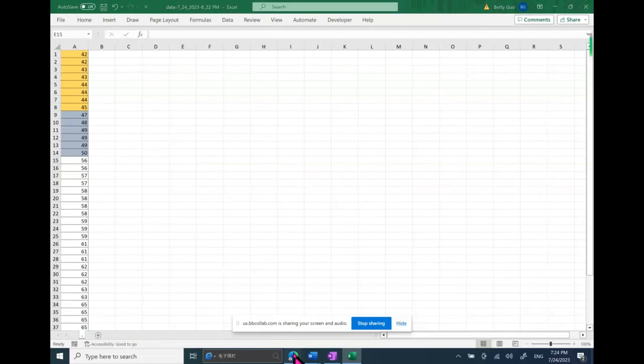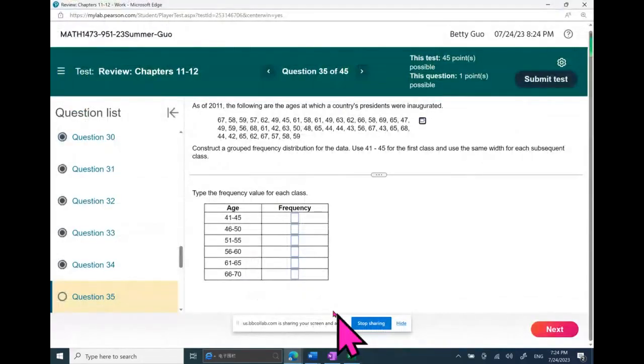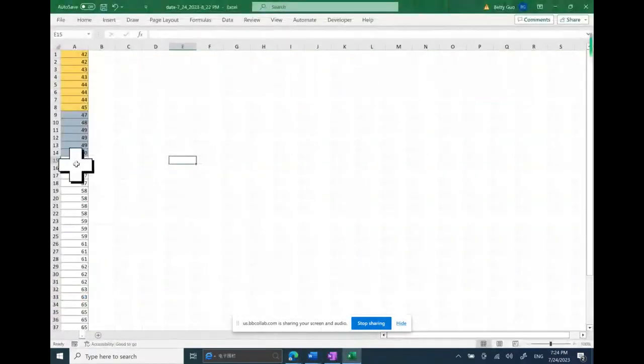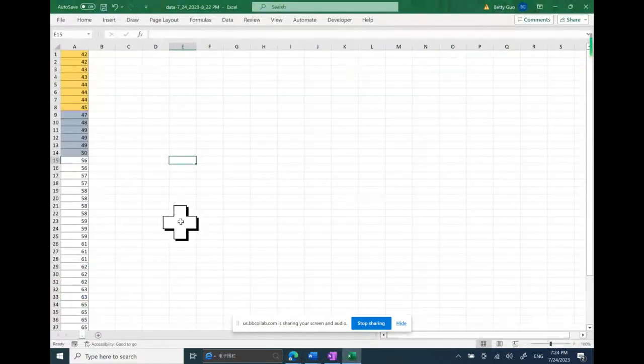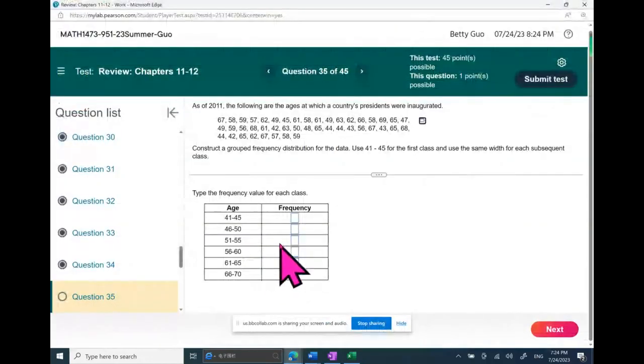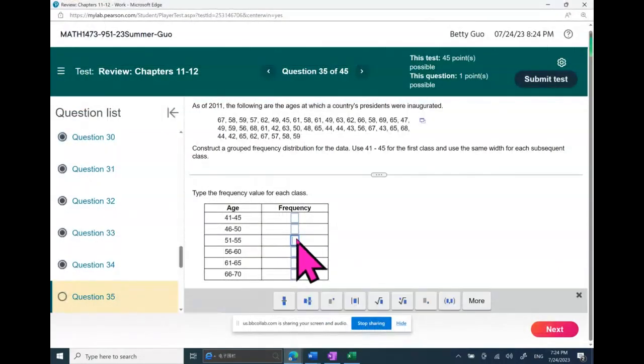And the next class would be 51 to 55, right? Do we have 51 to 55? We don't. It's a 0 actually. The frequency of this class, 51 to 55, is 0.